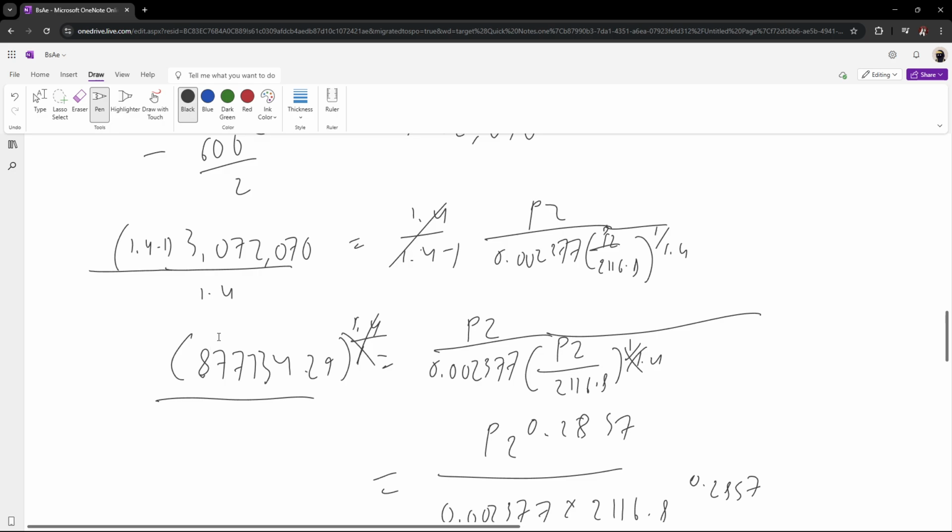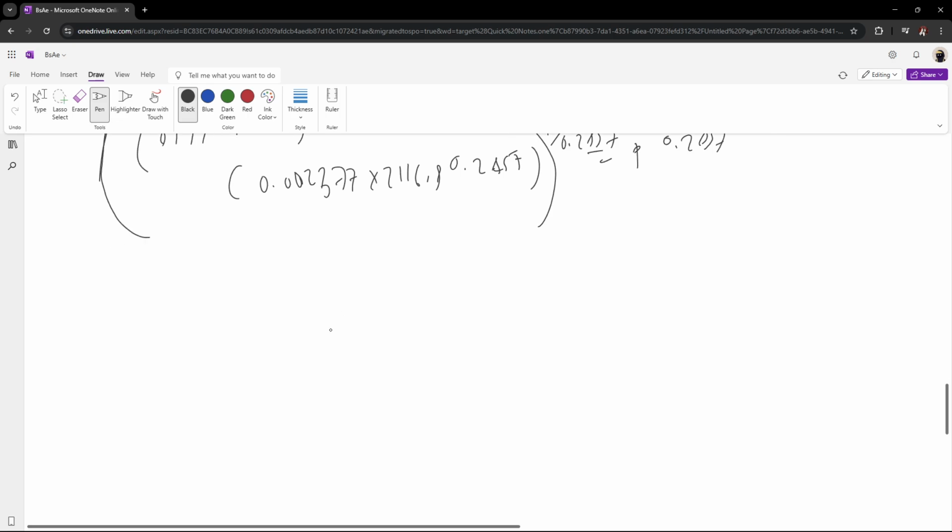Okay, got it, my bad. You don't do this. You don't transpose the gamma. We get it directly.